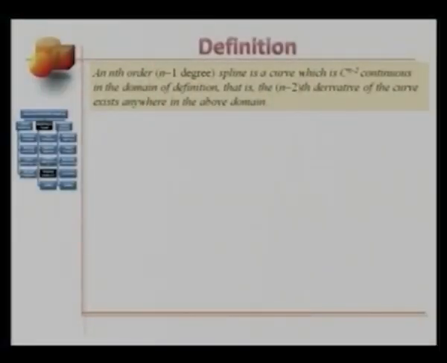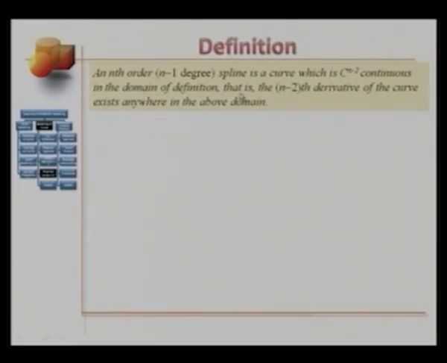So the definition of a spline: an nth order spline, which is an n-1th degree curve, is a curve which is C^(n-2) continuous in the entire domain of definition.